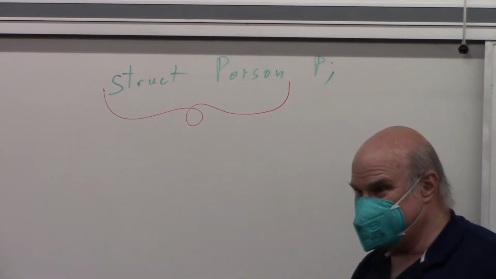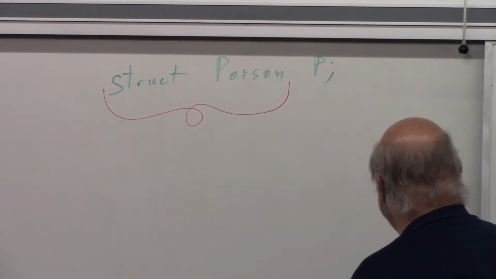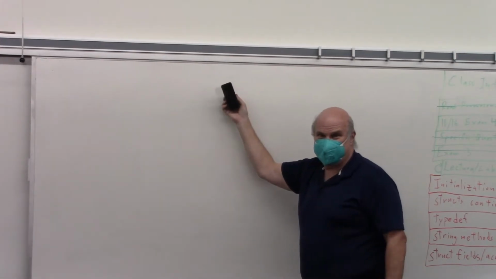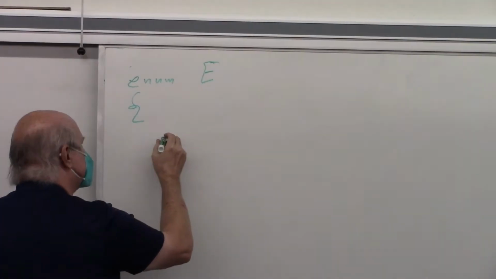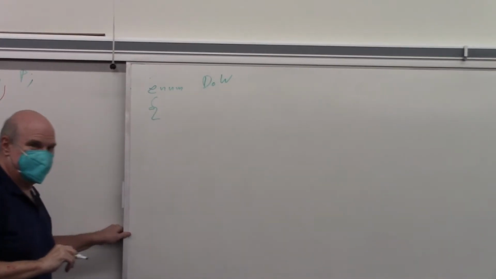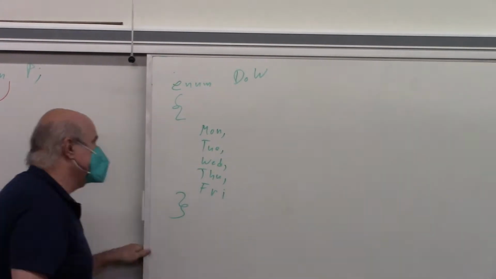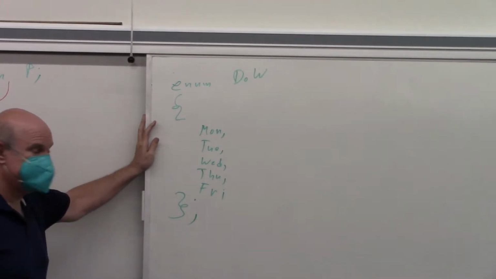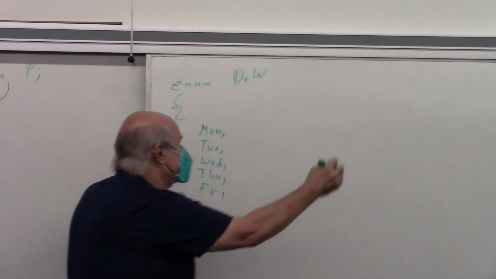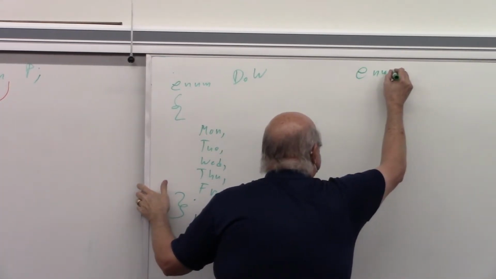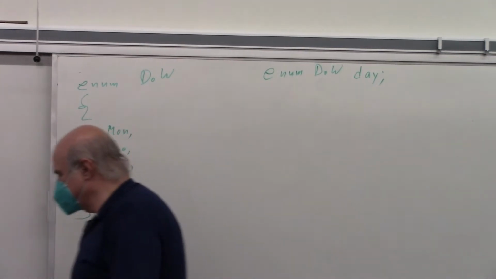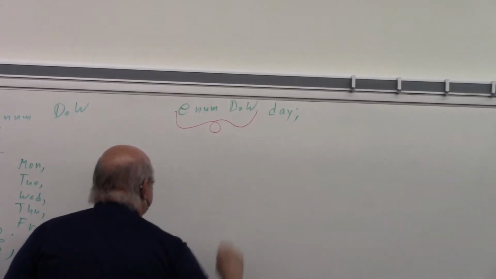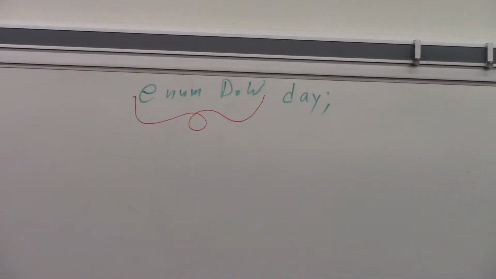Now, as we saw with enums, remember when we had enums, you could say, as you guys saw, DOW, days of week. Now remember, with enums, that is sufficient to declare an enum. And then I could say enum, and that would declare a variable named day, with that being the type.